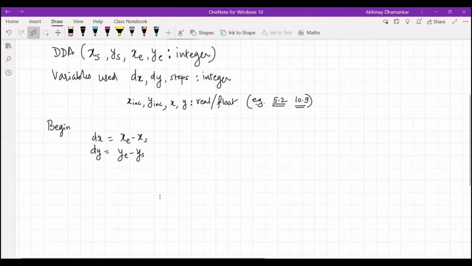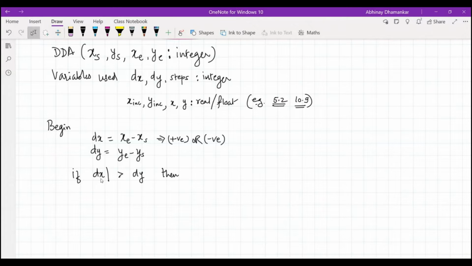Now it's time to find out which difference is greater. So before that line you should write: if dx greater than dy, then what should happen? Actually dx may sometimes be a positive value or a negative value, but we require the modulus value.